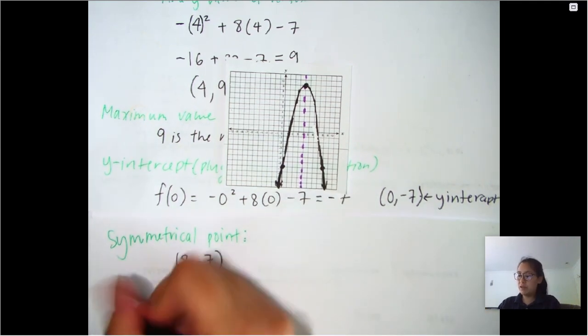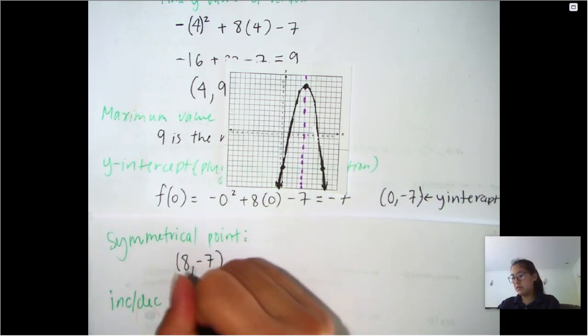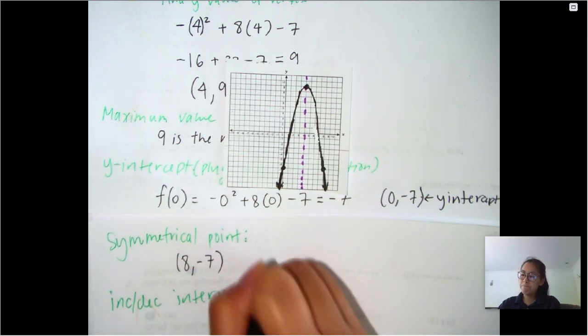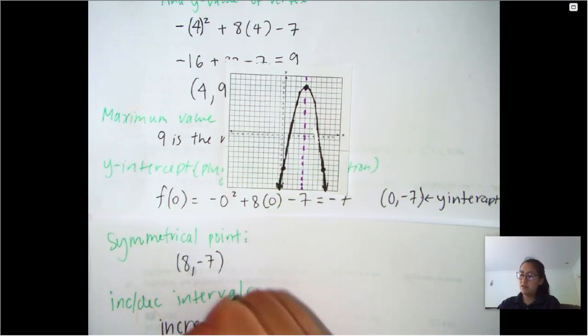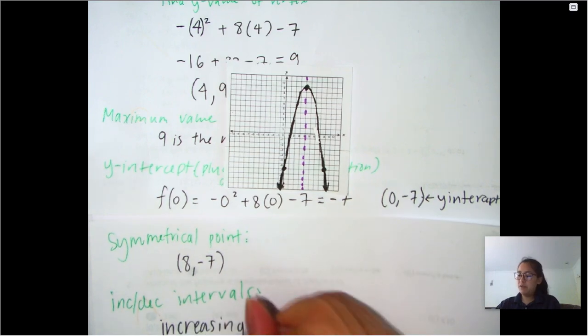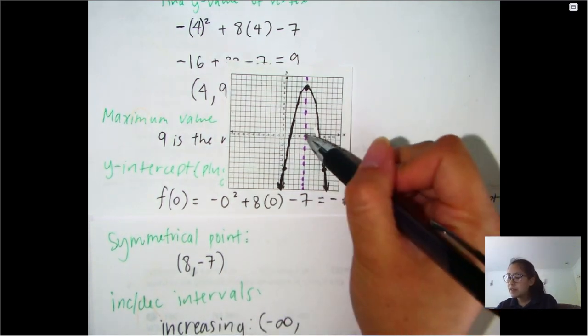Okay, let's talk about the increasing and decreasing intervals, which is what we're going to put over here. So we're going to say increasing on the interval from negative infinity all the way up until 4.